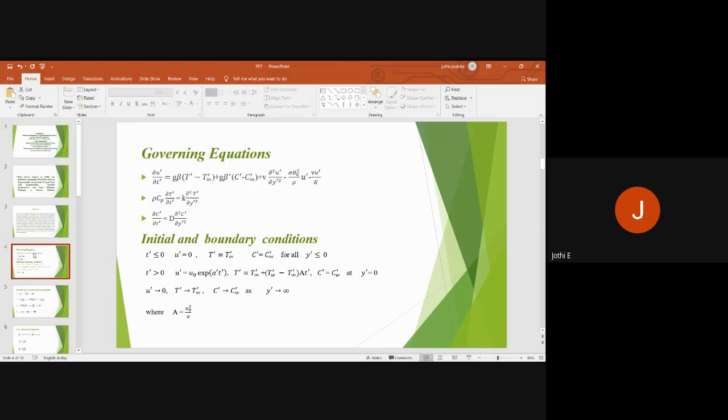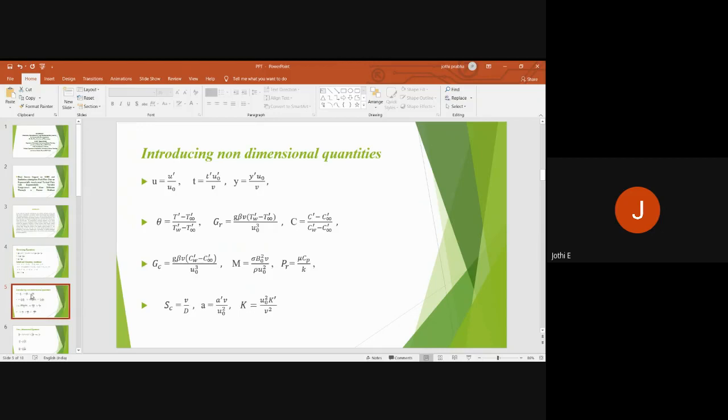And the initial and boundary conditions are u' equal to 0, T' equal to T∞', C' equal to C∞', and u' equal to u0 e^(a't'), T' equal to T∞' plus (Tw' minus T∞')A t', C' equal to Cw', and T' tends to T∞', C' tends to C∞' as y' tends to infinity.